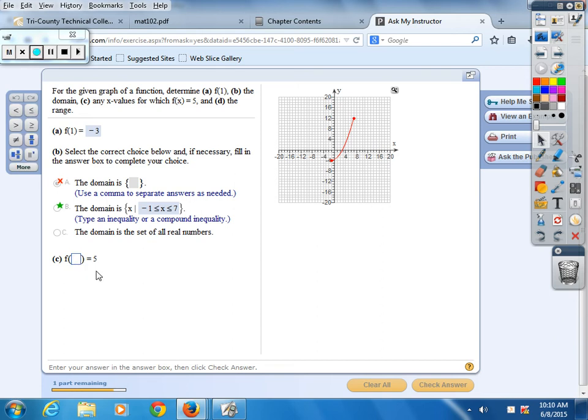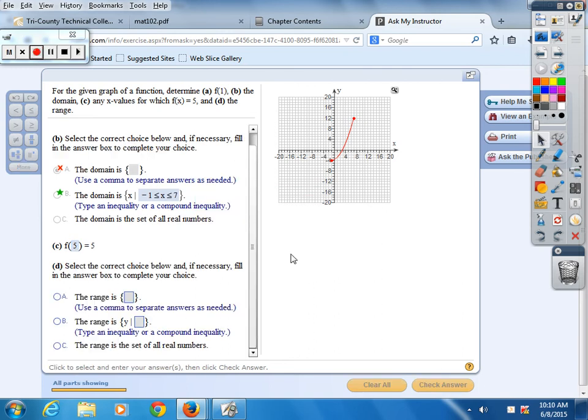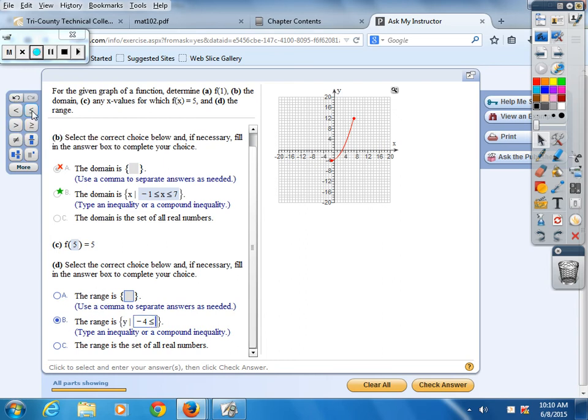Okay. F of 5, when y is equal to 5, what is x? 5. We already dropped the line down, that's right. And the range, they want it in set builder notation, so I'm going to put B. And I'm going to put y in the middle, but -4 is less than y, less than 12.